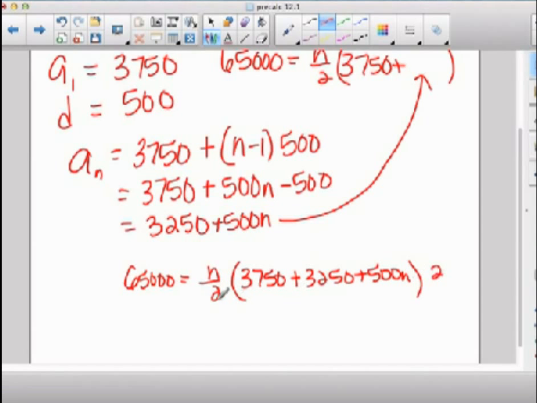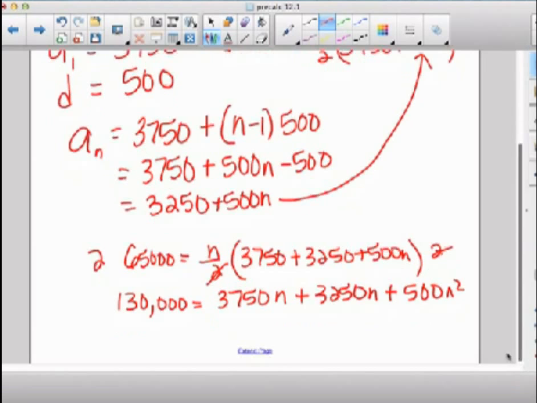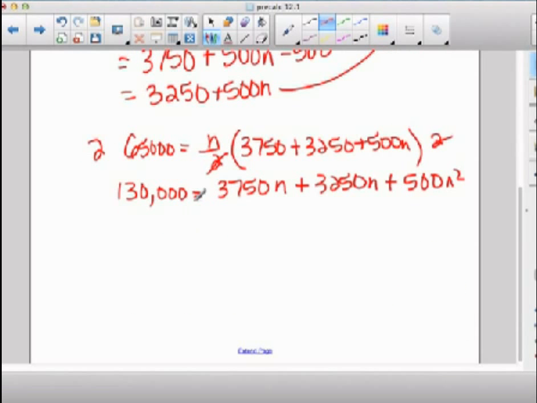Multiply both sides by 2 to get rid of that 2. 130,000 is equal to 3,750n plus 3,250n plus 500n squared. Set this equal to 0 and plug it into your quadratic formula, and you get n equals some negative number, which you don't get to use, and then 10.78 or something.